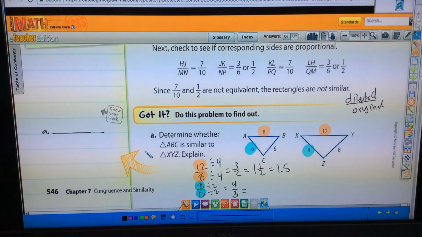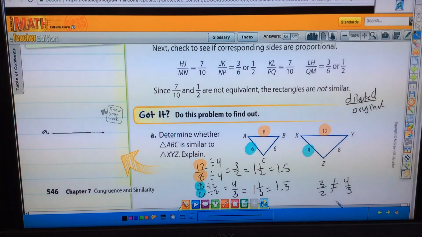Let me go ahead and do that. 4 divided by 3 is 1.3 repeating. Yep. So that's basically 1 1/3. In other words, these are not equivalent ratios. 3/2 does not equal 4/3.